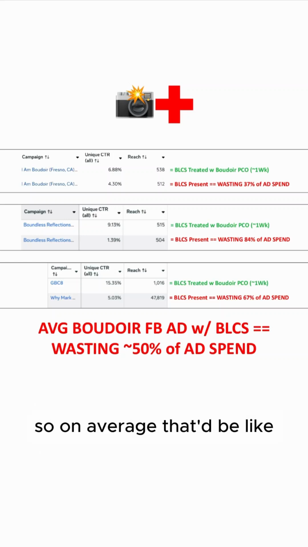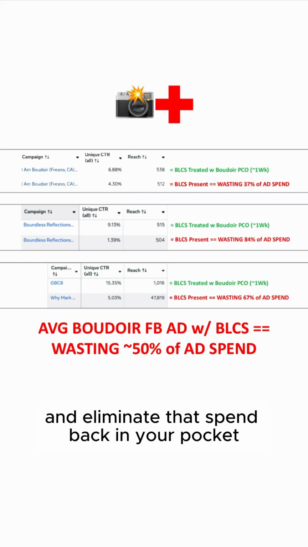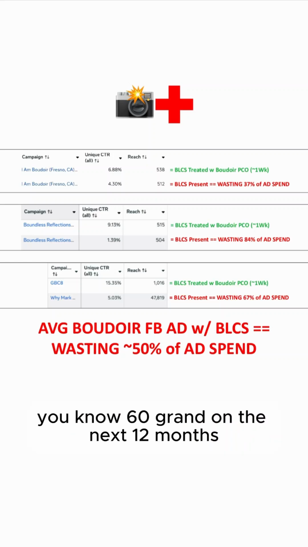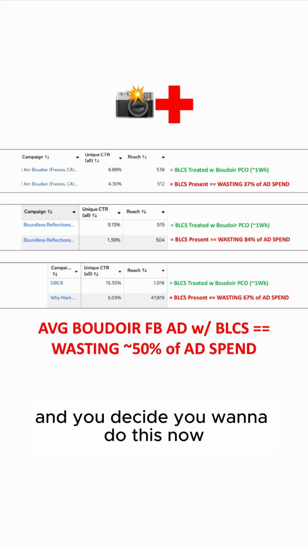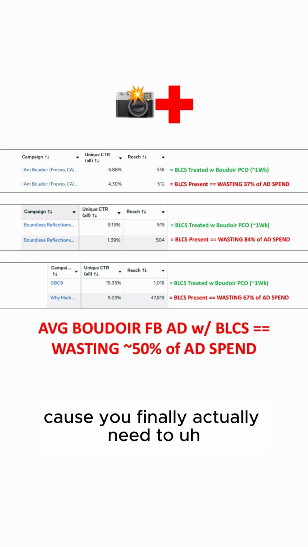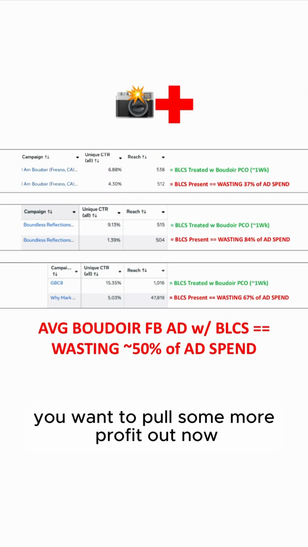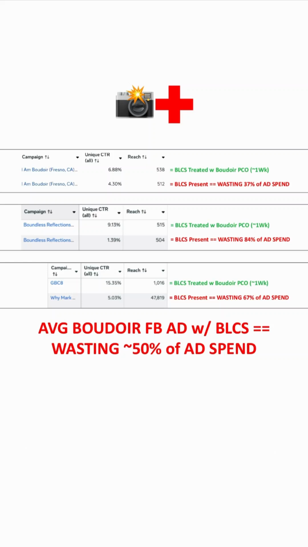So on average, that'd be like $5K a month in eliminated ad spend back in your pocket. And on average, that'd be 60 grand in the next 12 months. And you decide you want to do this now because you finally actually need to, you've optimized the other parts of your business. You want to pull some more profit out now.